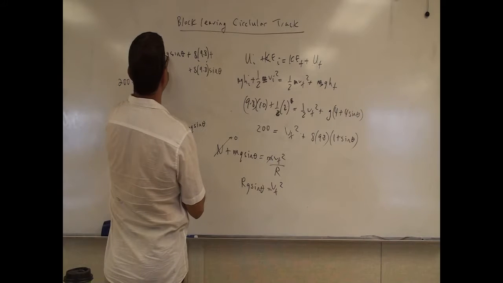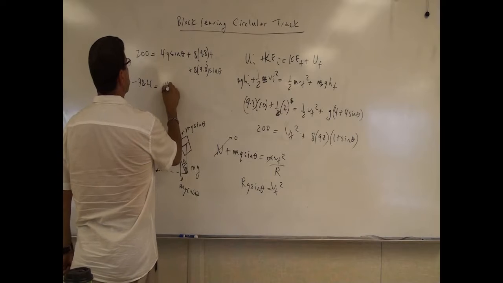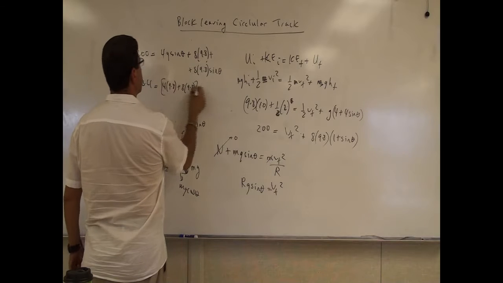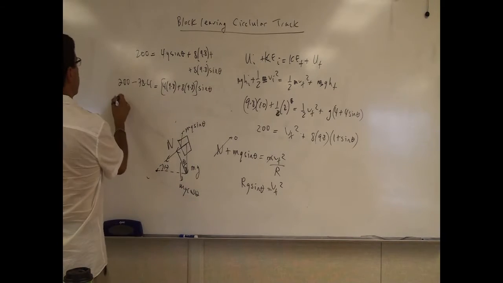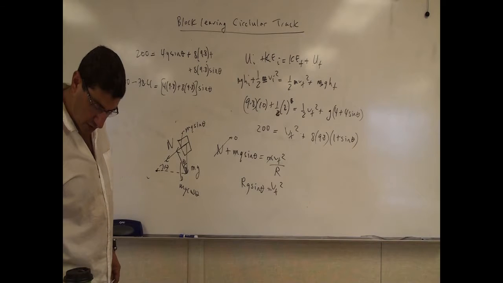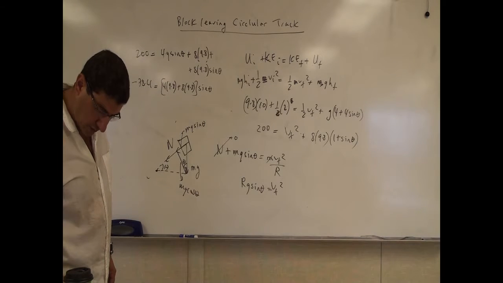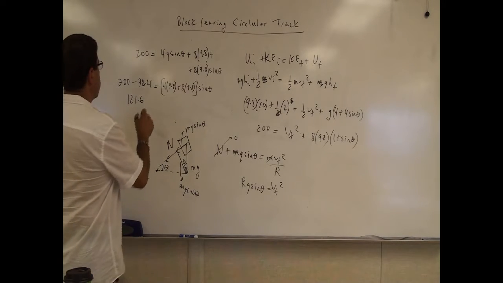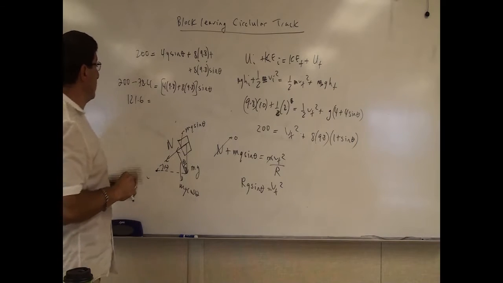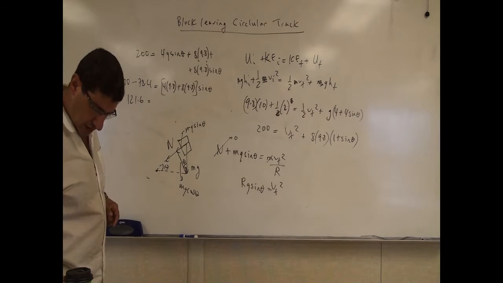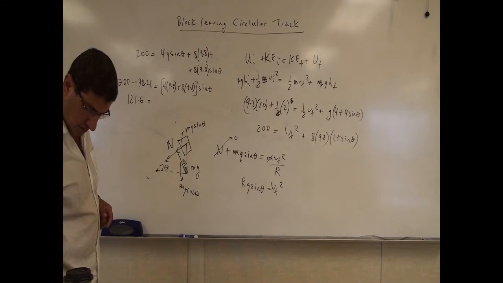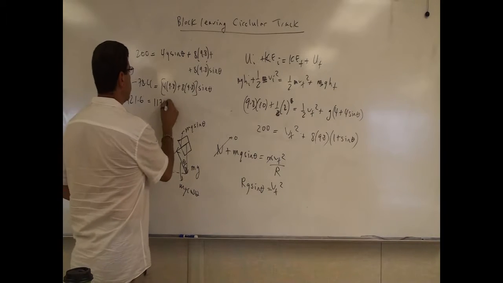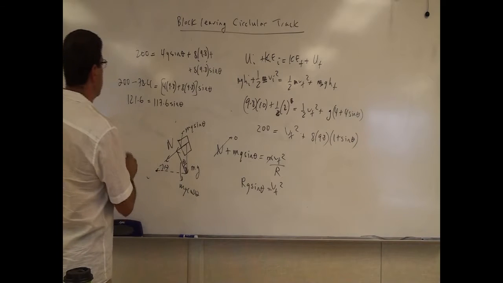Then we have 4 times 9.8 plus 8 times 9.8 times sine of theta. So 200 minus 78.4 is 121.6. Then that equals, this is 12 times 9.8, 117.6 sine theta.